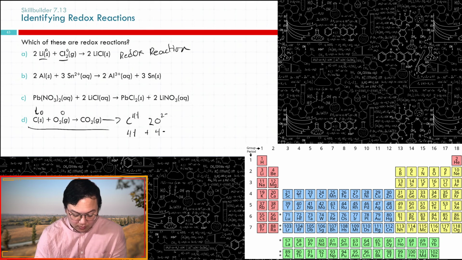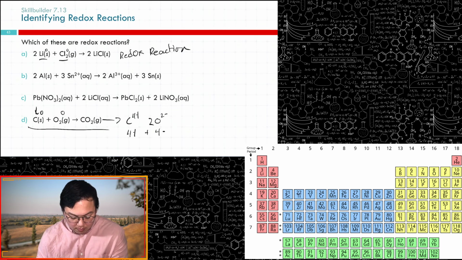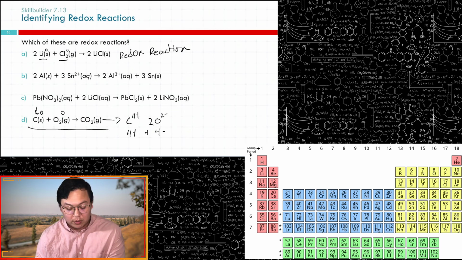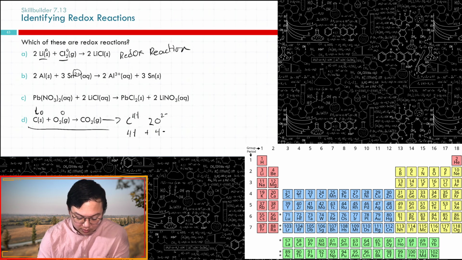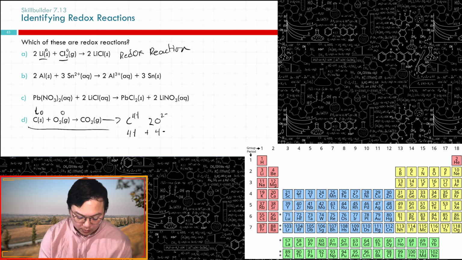On this next one, this would be an ionic equation, and probably a net ionic equation, because we have charges. The charges are present here to highlight that we have aluminum going from 0 to +3, so we're losing electrons there.